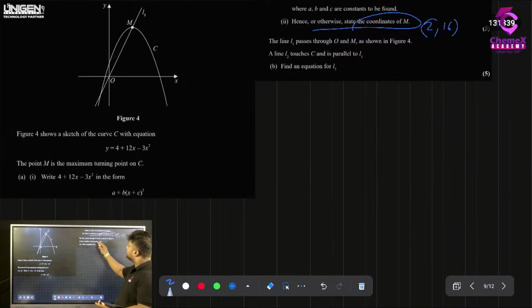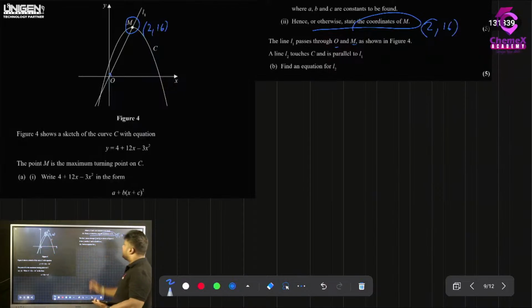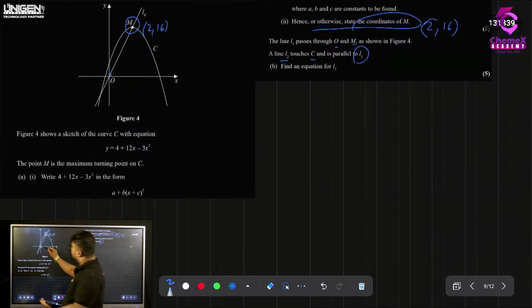Next. The line L1 passes through O and M. Okay. M we now know is 2, 16. O is 0 and 0. The line L2 touches C and is parallel to L1. So what is L1's gradient? Good question. If you know this is 0, 0, what's L1's gradient?